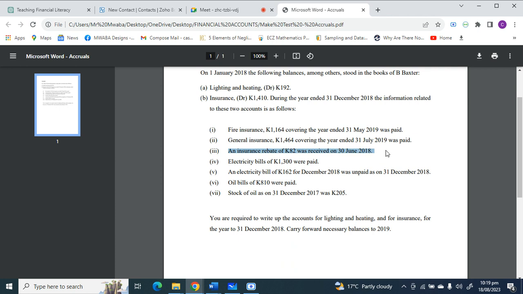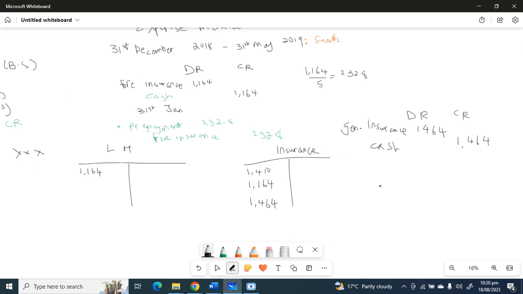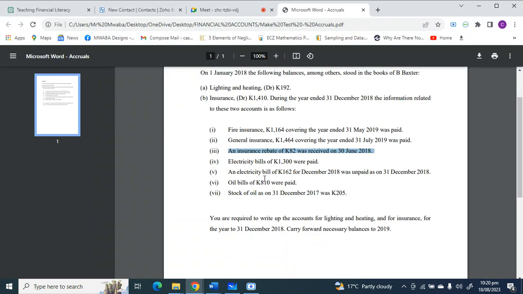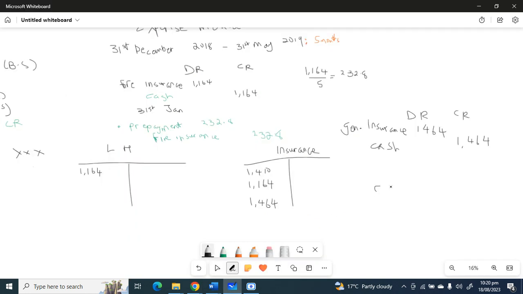For this transaction, the journal entry is you debit cash or bank. Is there anything about a bank? No. So we debit cash 82 kwacha, showing that we have received this money back, this rebate, and we credit insurance.